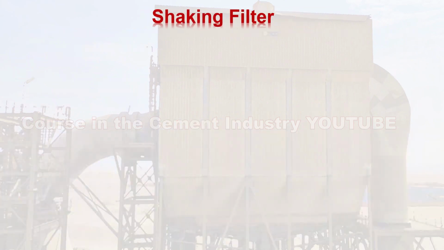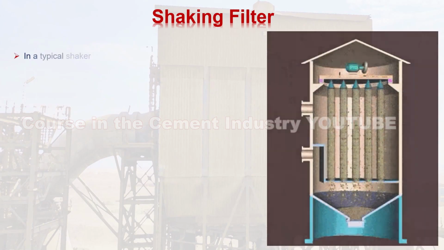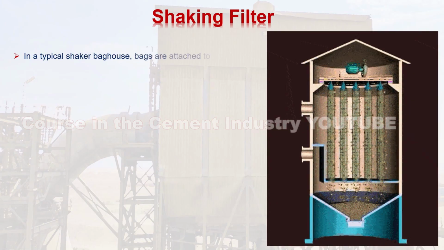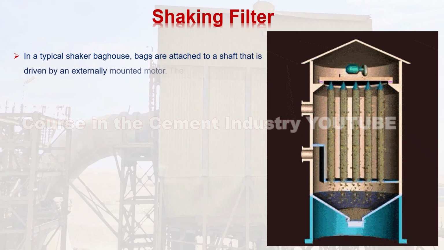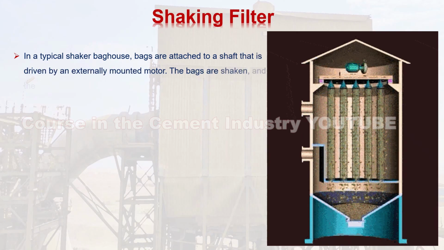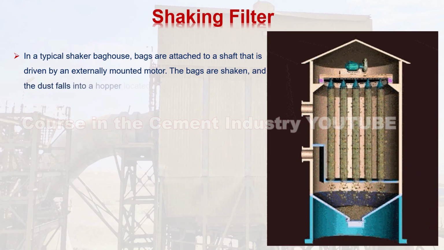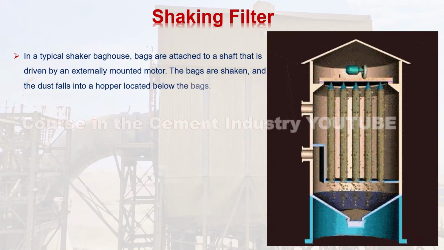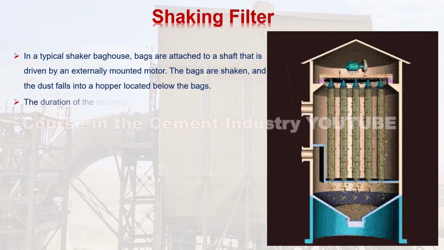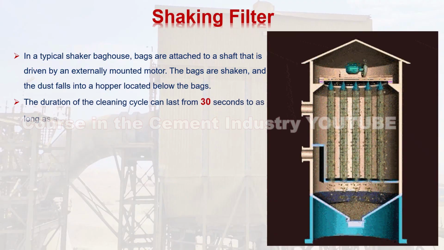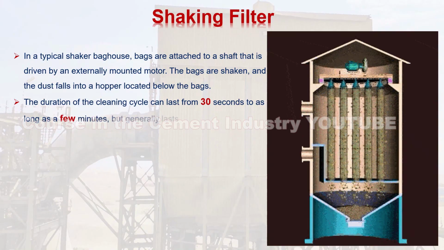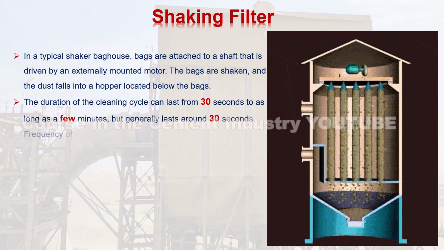Shaking filter. In a typical shaker bag house, bags are attached to a shaft that is driven by an externally mounted motor. The bags are shaken, and the dust falls into a hopper located below the bags. The duration of the cleaning cycle can last from 30 seconds to as long as a few minutes, but generally lasts around 30 seconds.